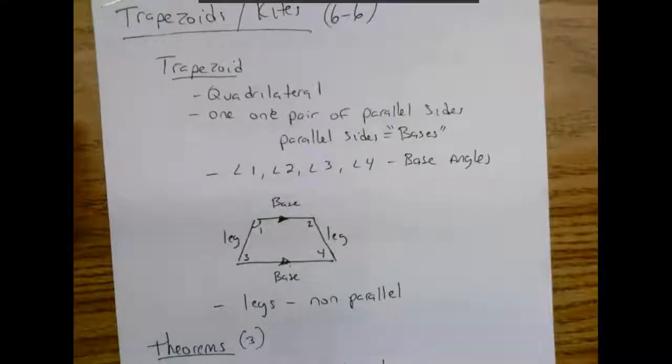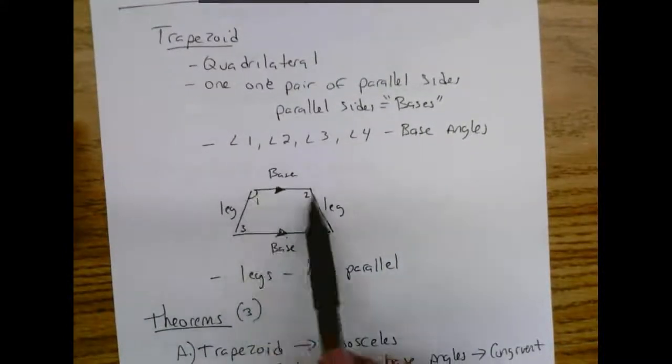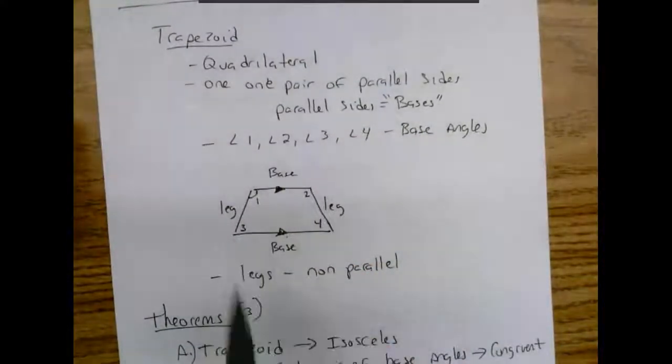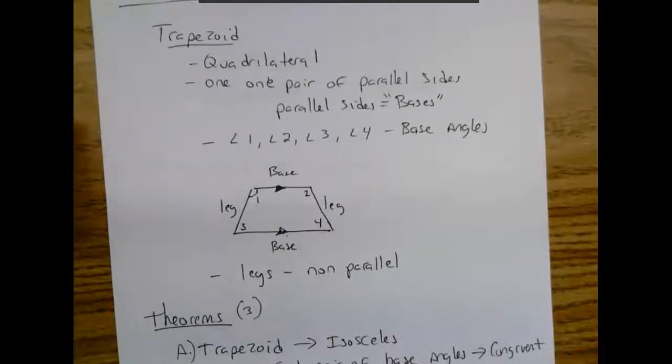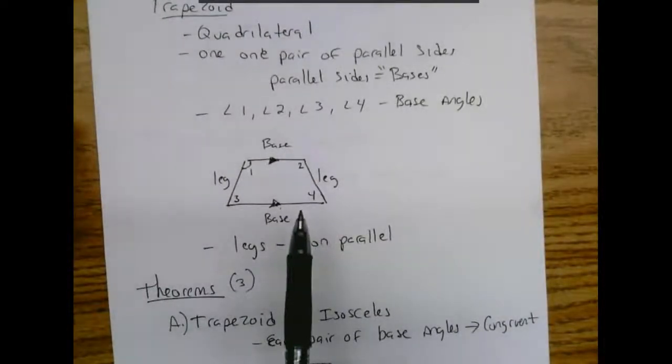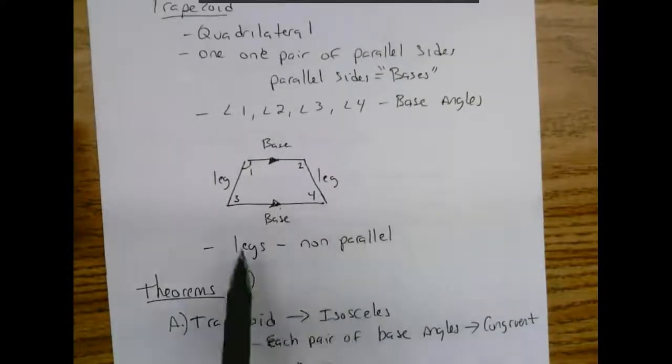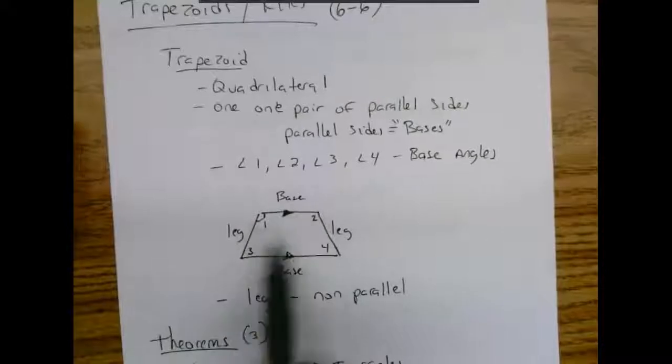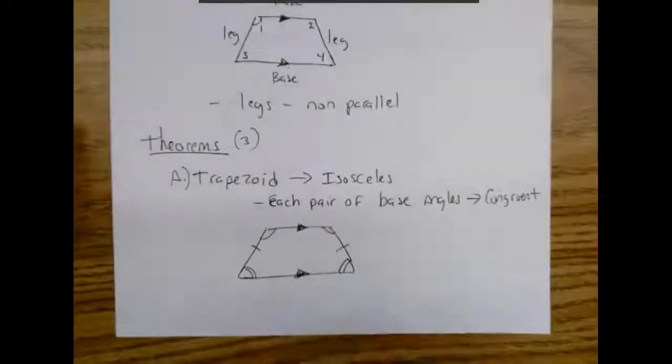And then we call the angles along these vertices base angles. Also in a trapezoid, one pair of the sides are parallel, and the legs are non-parallel. So looking at this, the legs, they're not parallel, just the bases. Now there's some theorems that go along with it.